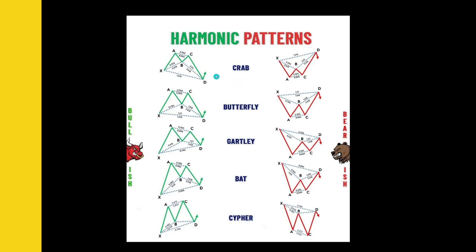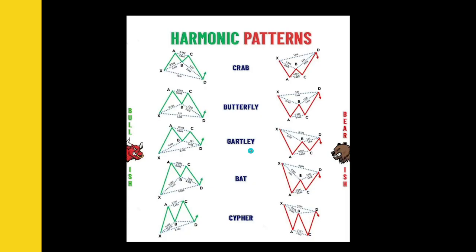Of course, all of them come in a bullish way and a bearish way, but the simpler you make it, the easier it will be. All you need to do is look for either the M shape, the W shape, or the N shape, and then you will find the rest being very easy.